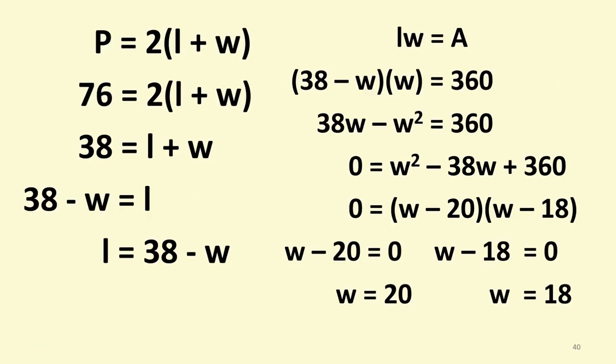So, for this question, if w equals 20, the length becomes 38 minus 20, that is 18. If w equals 18, it becomes L equals 38 minus 18, we have 20.